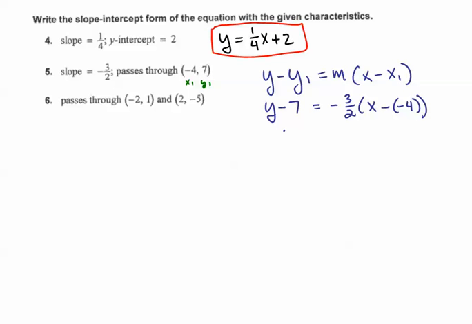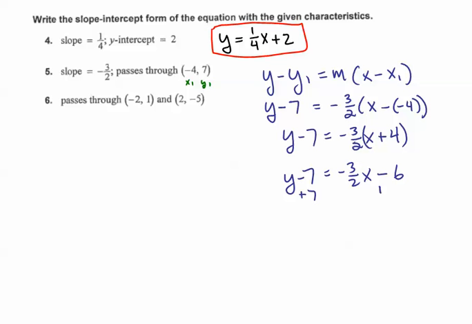So first we're going to simplify. y minus 7 is negative 3/2 times (x plus 4), in parentheses there. Distribute. Negative 3/2 x. Negative 3/2 times 4 is negative 6. y is equal to negative 3/2 x plus 1.